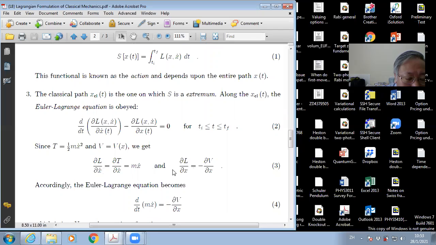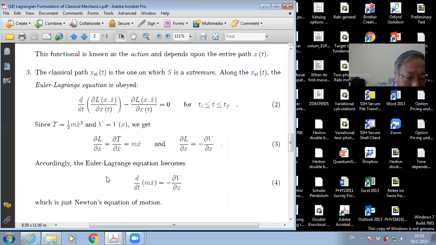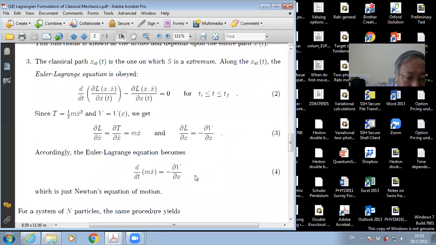Substituting these two expressions into equation 2, which is the Euler-Lagrange equation, we will obtain a familiar equation in equation 4, which is just Newton's second law of motion.